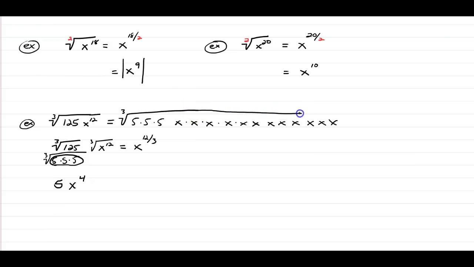If you really expanded it out and then grouped them in 3s, the 5 would come out. Then I would group my x's in 3s. So one comes out, another one comes out, another one comes out. There's a total of 4 x's that were able to come out.